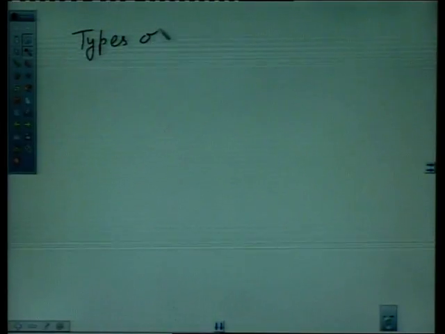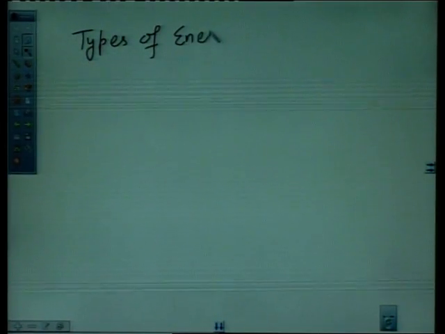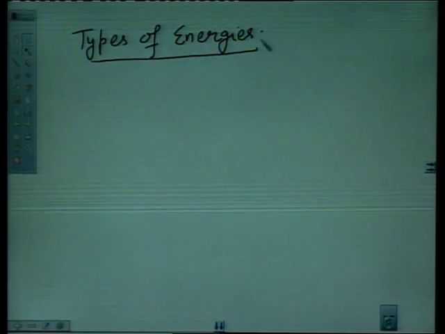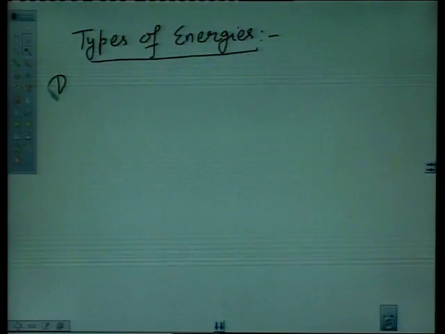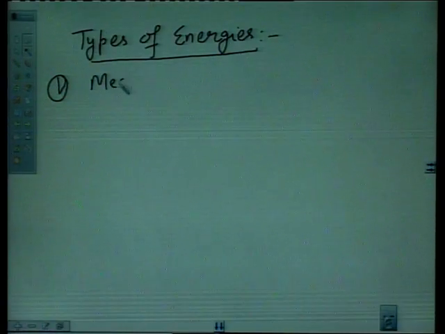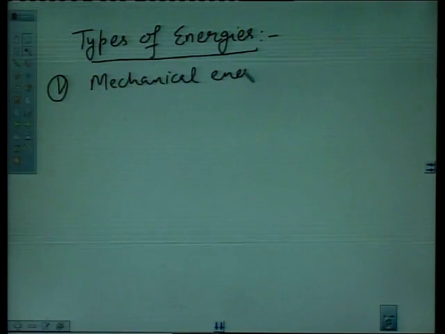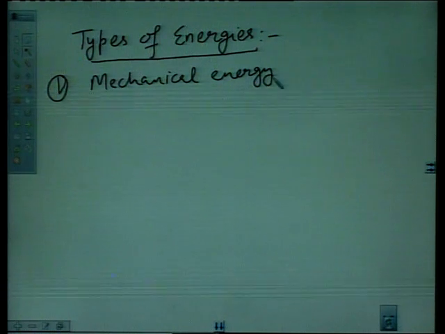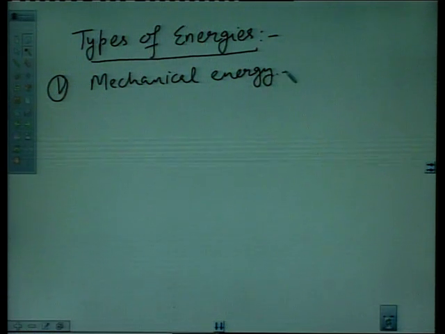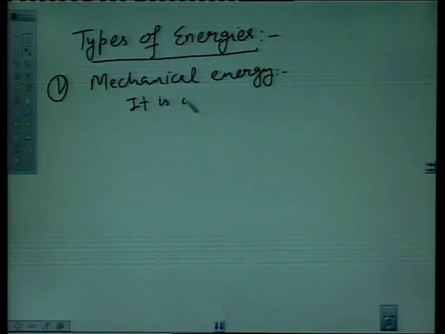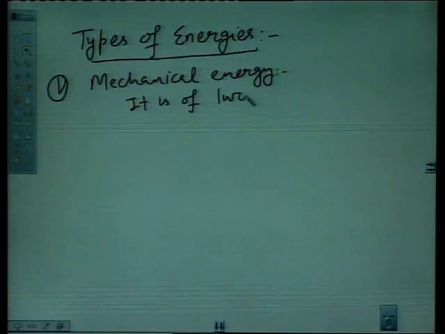Now, we come to the types of energies. We have various types of energies. The first one is mechanical energy. Mechanical energy is further of 2 types.